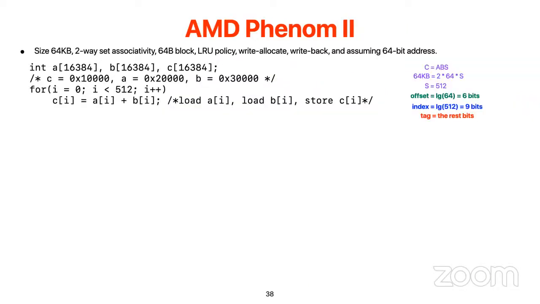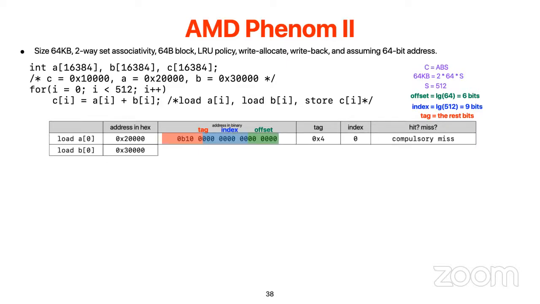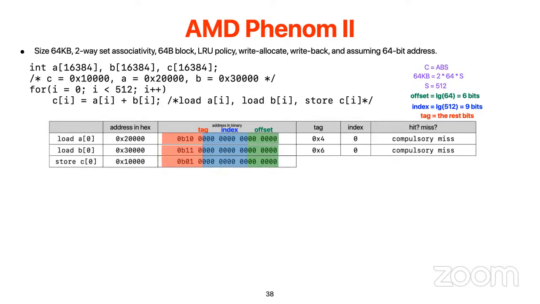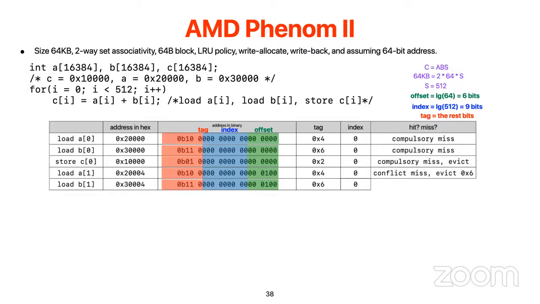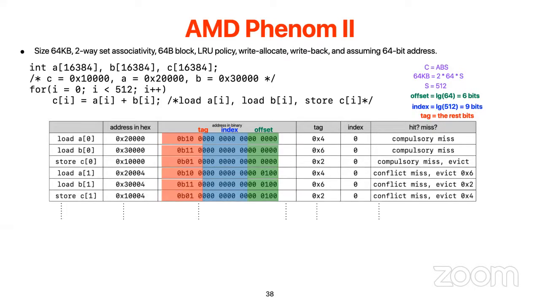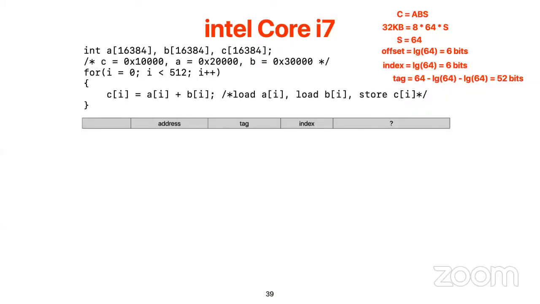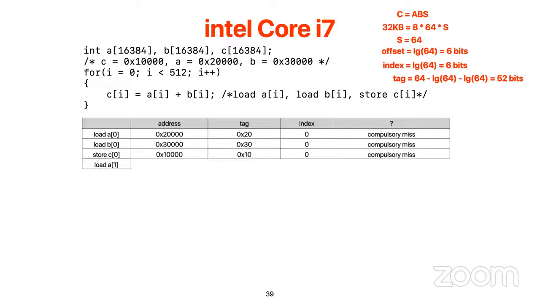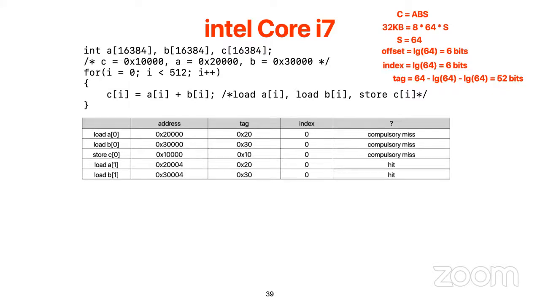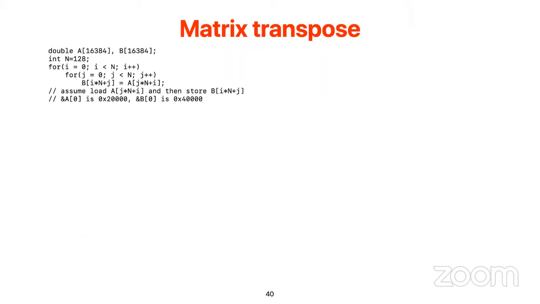For the AMD Phenom II processor, if you go through this example, except for the initial access of index 0, everything between 1 and 15 would be a conflict miss. For Intel processors, we don't see conflict misses because we have a sufficient number of ways in our cache so that you can avoid those conflict misses.